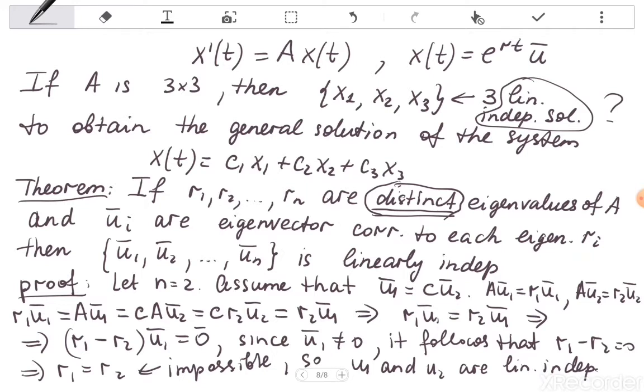And to prove the same thing for arbitrary n, you can use induction. I'm not going to write the details of the rest of the proof. Okay, so what do we know now? We know that if we have distinct eigenvalues of an n by n matrix and ui are the corresponding eigenvectors, then this set of eigenvectors is a linearly independent set. Now we can prove the following theorem.